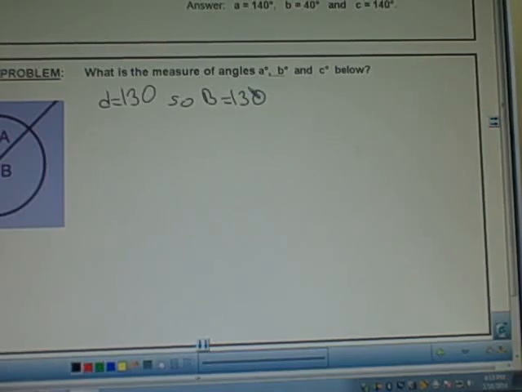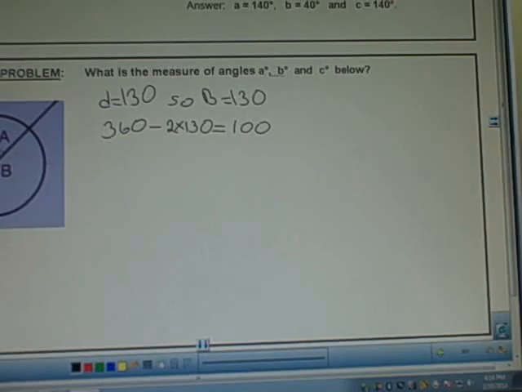Now we can figure out the measure of A and C two ways. The first way is we look at it as a circle. So a circle equals 360 degrees minus 2 times 130 degrees. This equals 100 degrees left total.